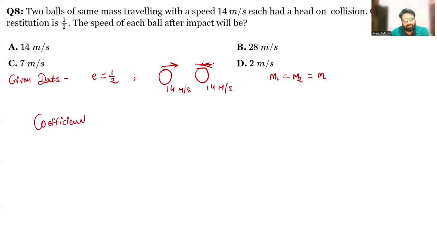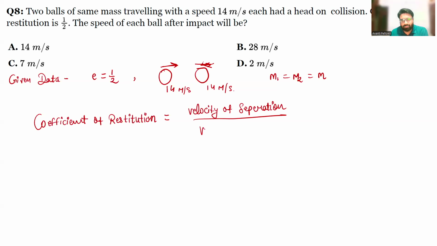Coefficient of restitution is given by velocity of separation divided by velocity of approach.